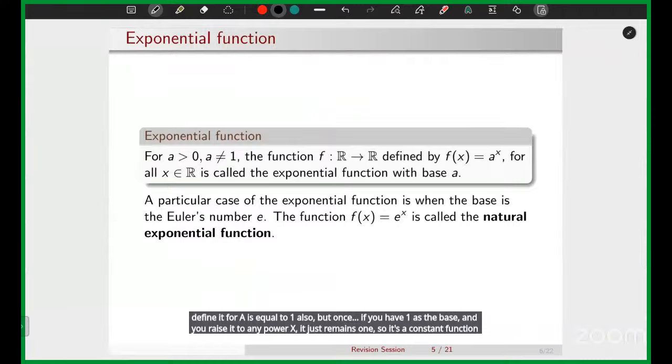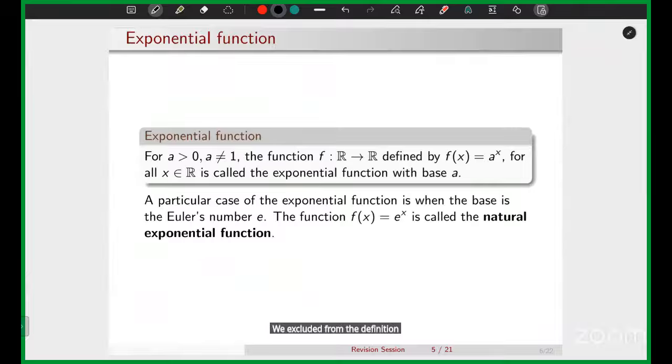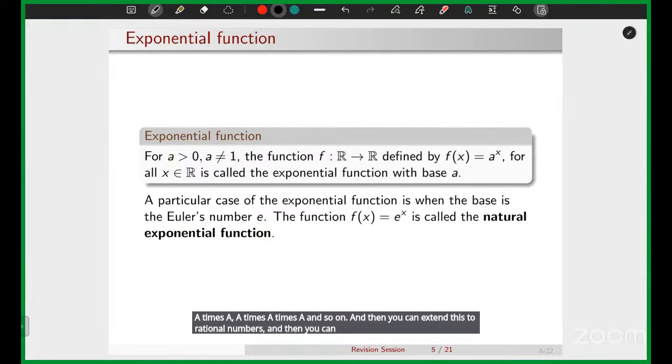So that is why we exclude it from the definition. But for all other values of a, we can make sense of what is a to the x. For integer values of x, of course, you can say a square is just a times a. And for negative integers, you can just take 1 by a times a times a, and so on. And then you can extend this to rational numbers, and then you can extend this to real numbers also.